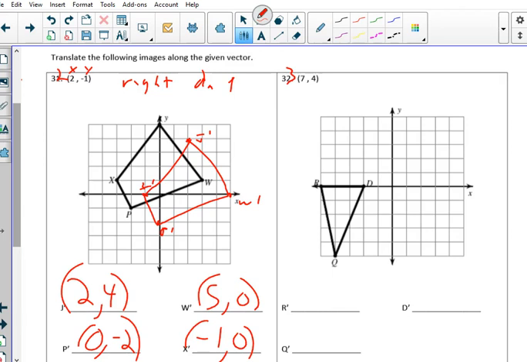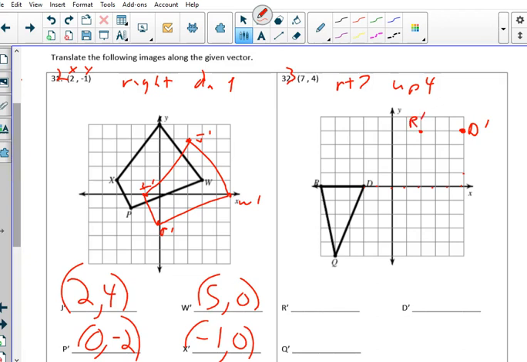Okay, 7, 4. Let's pay attention here. Right 7. There's D prime. R is going to be 1, 2, 3 left of it. R prime.